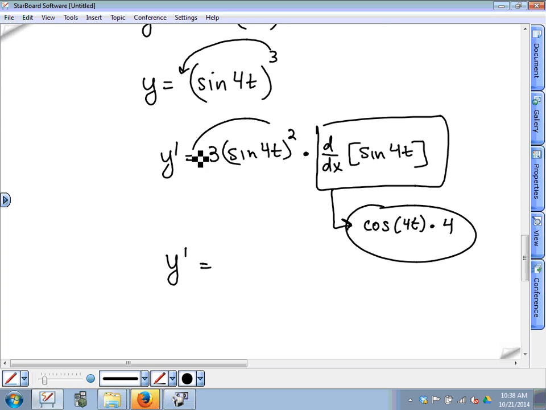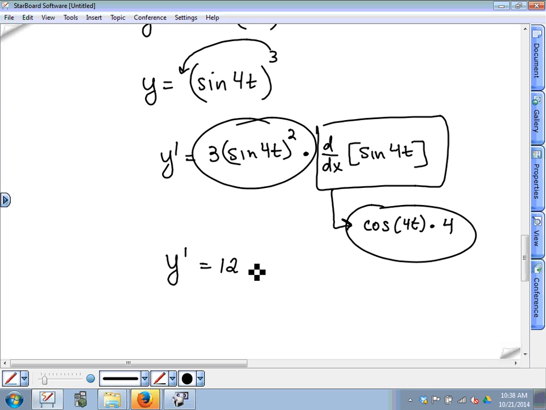So if we combine this with that, what do we get? 3 cosine. 12. Yeah, the 3 times the 4 is 12.